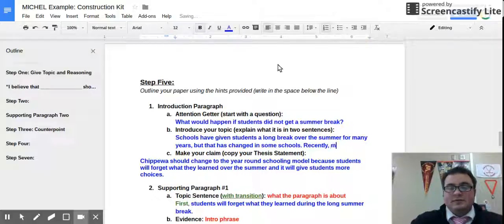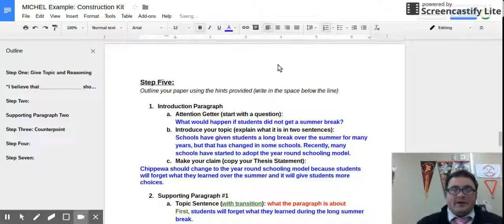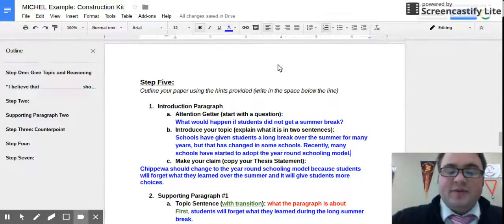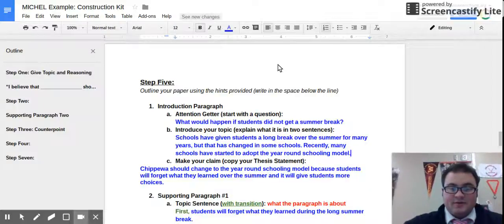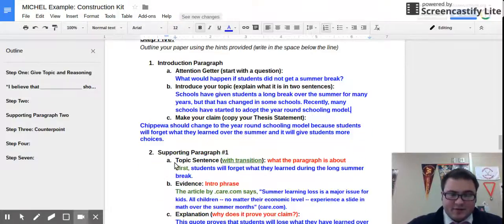Recently, many schools have started to adopt the year-round schooling model. Okay? So what that does, it just gives your reader a little bit of insight as to what's going to be talked about in the paper. All right? Then I have my claim, my thesis statement, which I've already done.